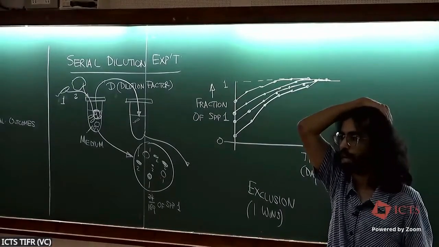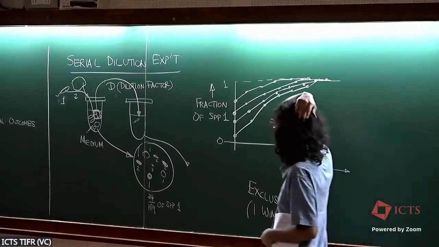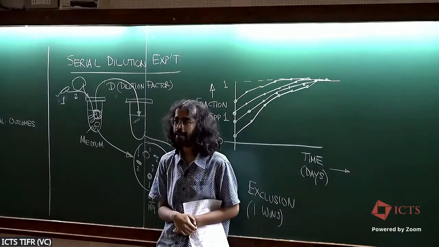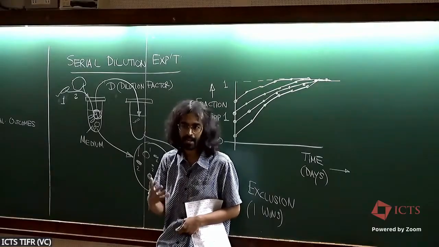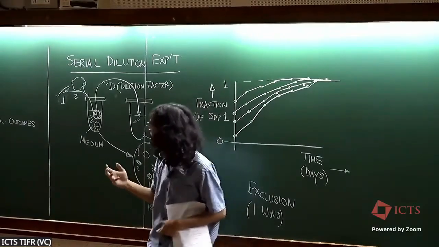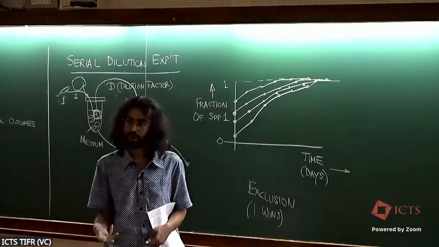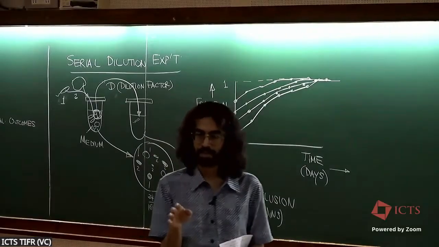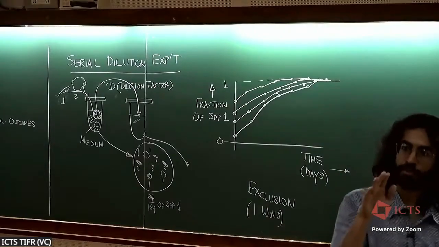Very good question. How do we determine the time scale of this measurement? I would say this depends. Experimentalists will have a good sense of this, and the way that they get a good sense is because when you isolate these species, you try and grow them out in different media on their own in the absence of other species. And then you track their population sizes on their own over time.